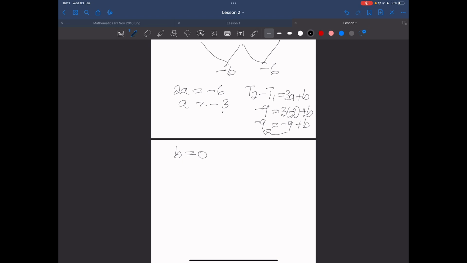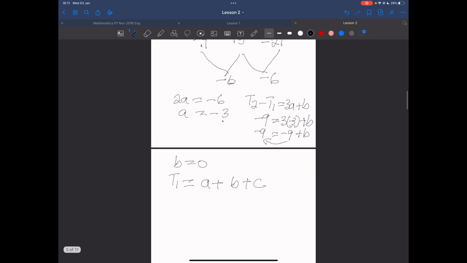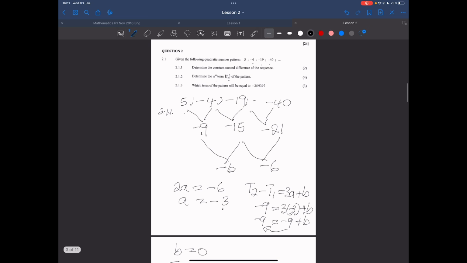Now, looking at what we had, we said that term number 1 is A plus B plus C. So substituting every value that we have, the first term is 5.